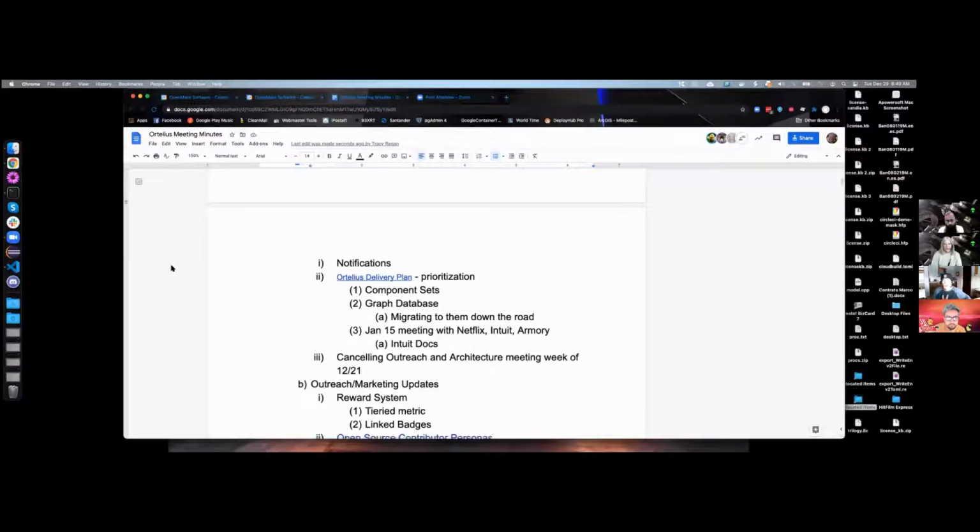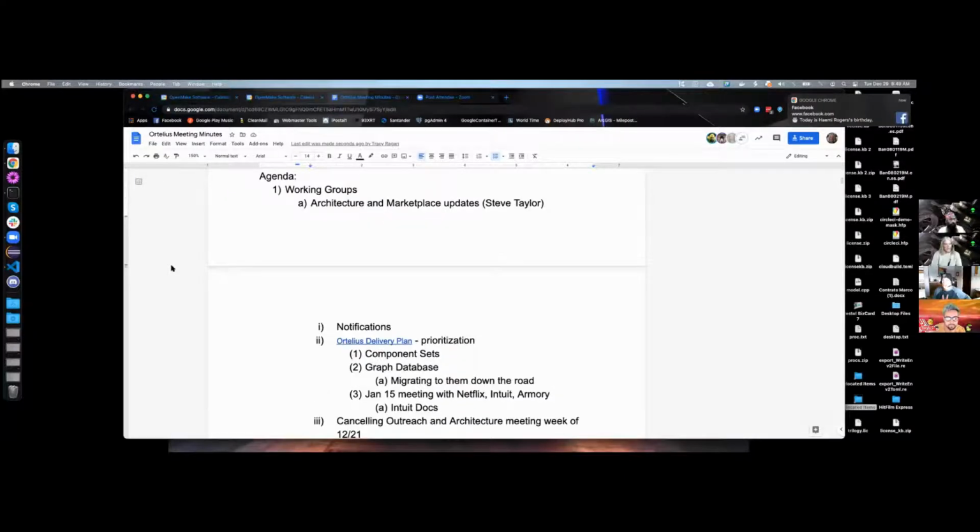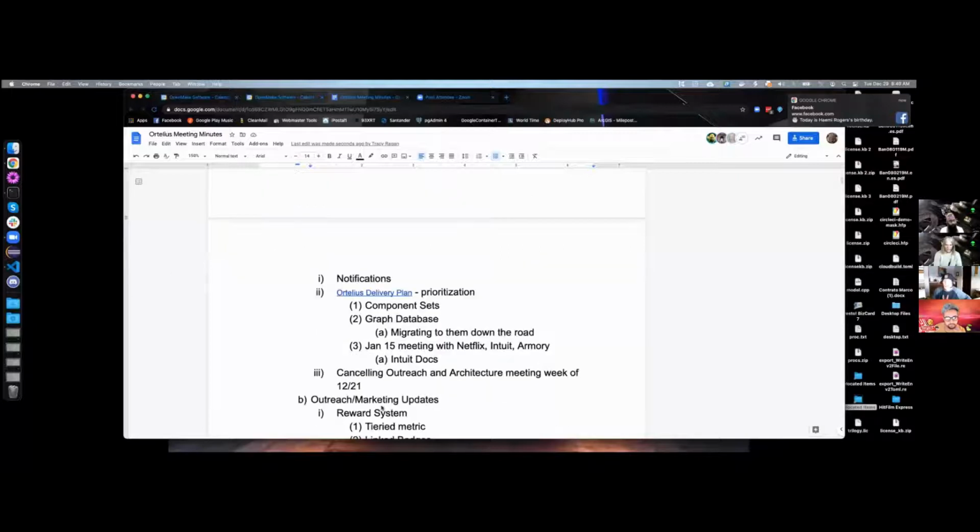So I think that on the 15th, we're going to get clarification on what Argo was trying to solve with their application sets, and what Netflix is asking us to solve with tightly coupled versions of microservices. Yes, tightly coupled versions of a microservice, right. I think the Armory problem and the Argo CD problem may be different. They're calling them the same thing, which would be great to get everybody on the same call to clarify.